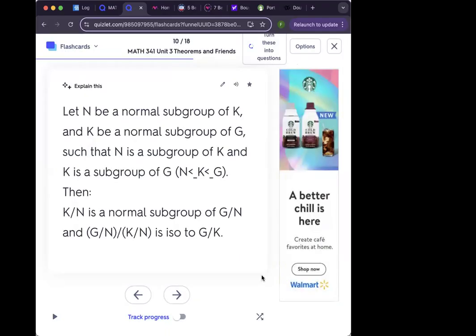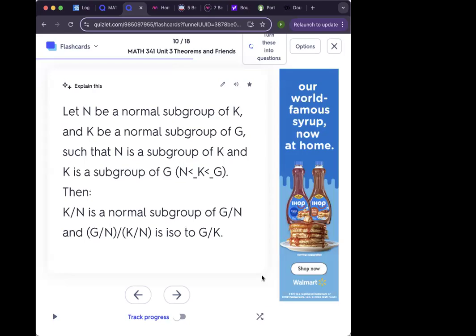Let N be a normal subgroup of G, and let K be a normal subgroup of G, such that N is a subgroup of K and K is a subgroup of G. So we see we've got that hierarchy. Then we have that K mod N is a normal subgroup of G mod N. And we also have G mod N mod K mod N is isomorphic to G mod K.